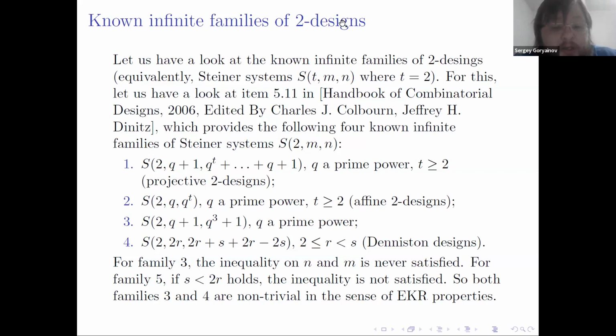For family 3, the inequality from the sufficient condition by Godsil and Meagher on n and m is never satisfied. But for family 4, it can be easily computed that if s is strictly less than 2r, then the inequality is not satisfied. So both families 3 and 4 are non-trivial in the sense of EKR properties.